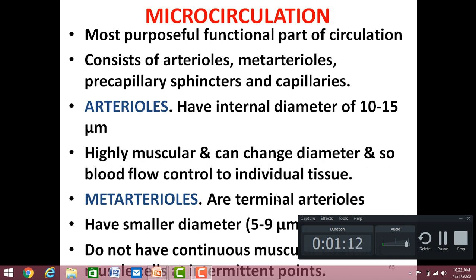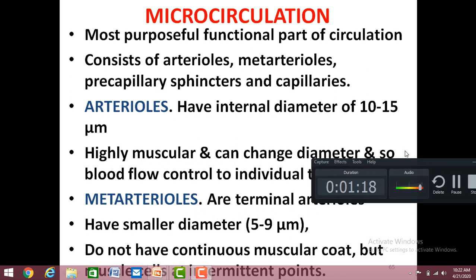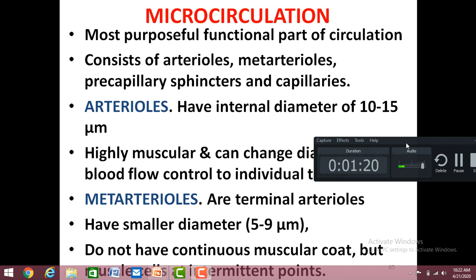The second part of the microcirculation is the metarterioles. These are present at the ends of the arterioles, and they have a much smaller diameter of about 5 to 9 micrometer, and they do not have any continuous muscular coat, but rather the muscular coat here is present at intermittent points.